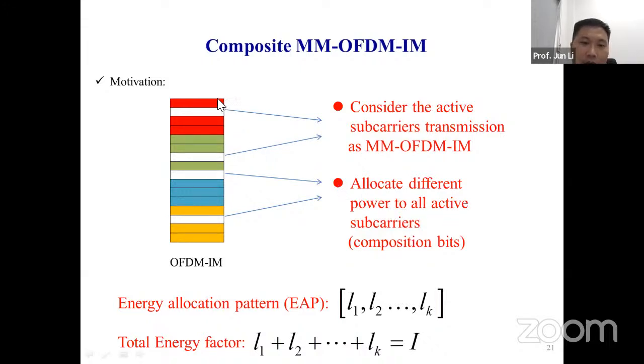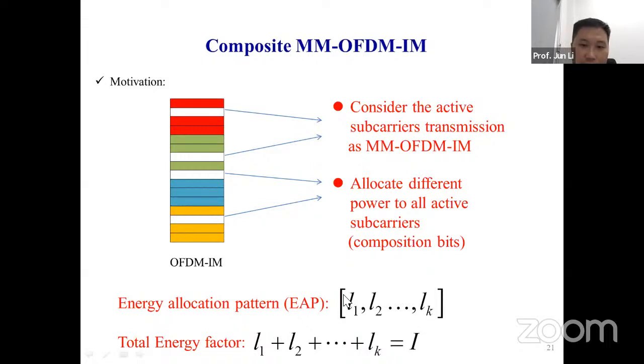So for example, if we activate the first and the third and the fourth subcarriers, can we allocate different power to these three subcarriers? So I just give the energy coefficients L1, L2 until Lk to these active subcarriers.